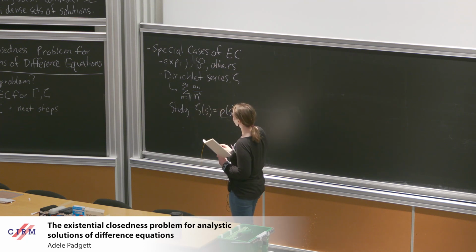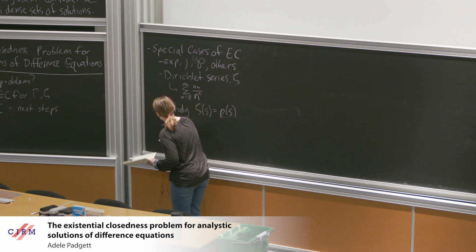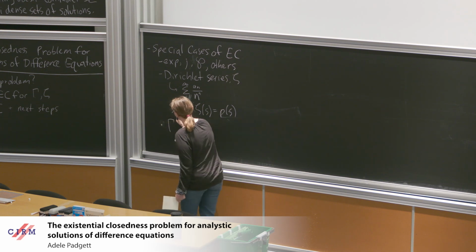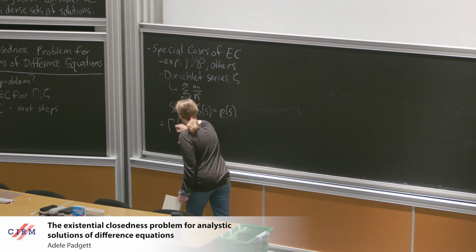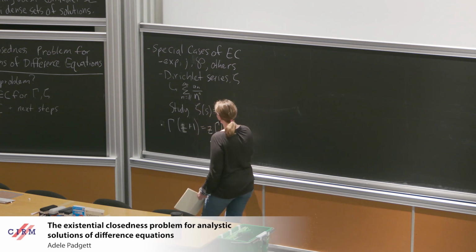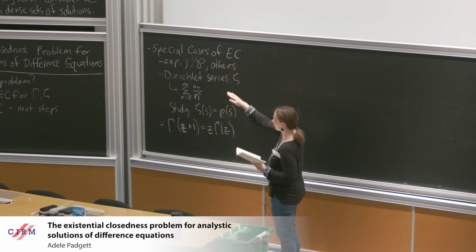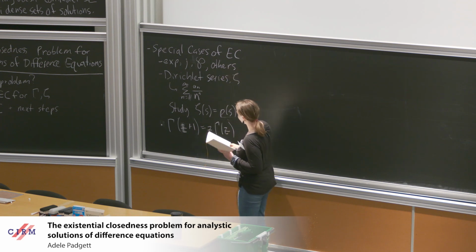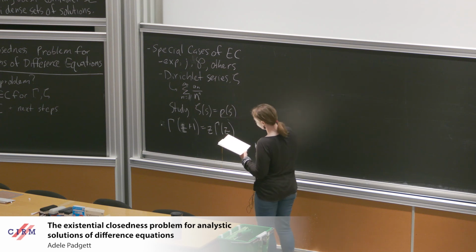I'll write their theorem in just a second, but the proof also works for the gamma function, which satisfies this difference equation. So we have special cases of existential closedness for different functions, and I'll write more specifically what this special case is.